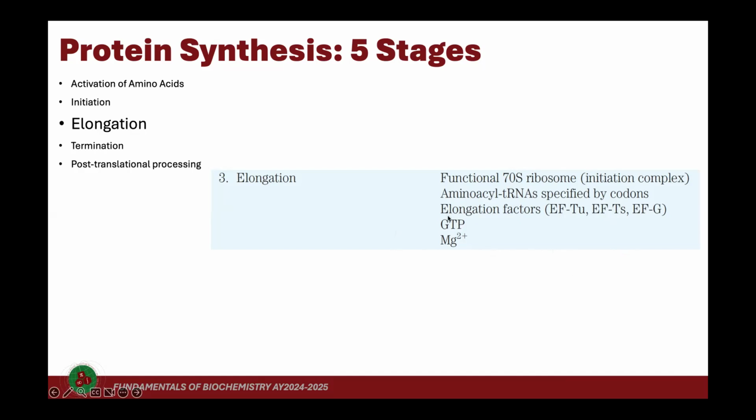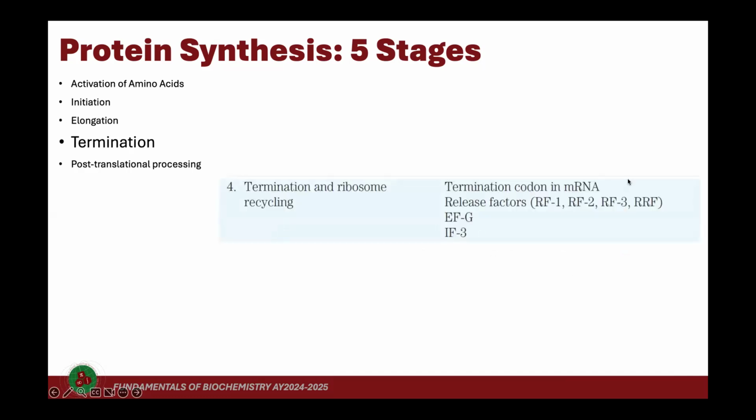Again, this is also energy driven, but energy in the form of GTP. For termination, of course, you need to encounter the termination codon in the mRNA transcript, release factors, and we still encounter EFG here because it's the one that gives energy for the termination, and IF3 for protection of the active sites of your ribosome.